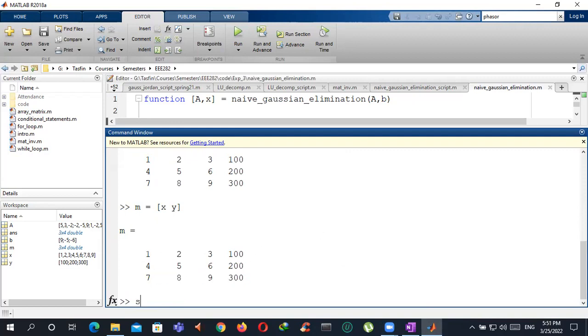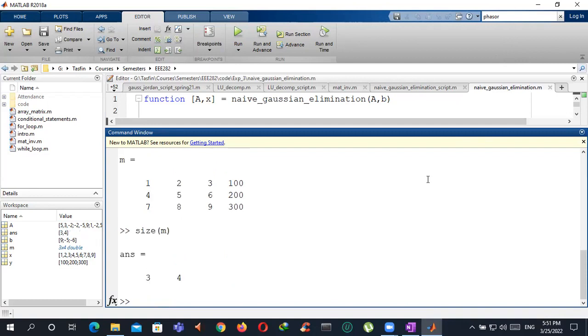Size is a default function of MATLAB. On this M matrix, it will return the number of rows and the number of columns. If I hit enter, the first thing is the number of rows. So we have 3 rows and 4 columns.